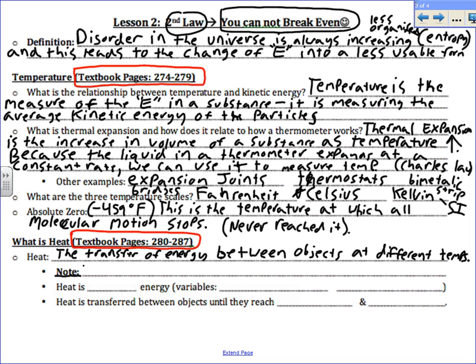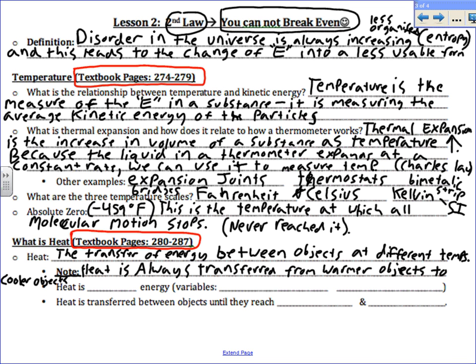It's very important. Heat is always transferred from warmer objects to cooler objects. Right? So heat is always transferred from warmer objects to cooler objects.